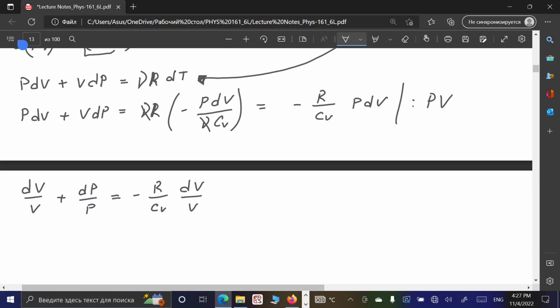Now, next step, let us recall what we derived for CP and CV.